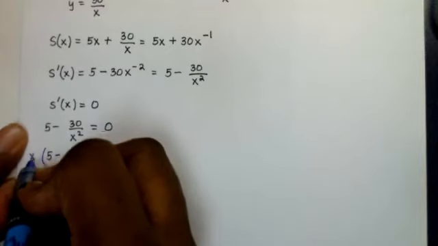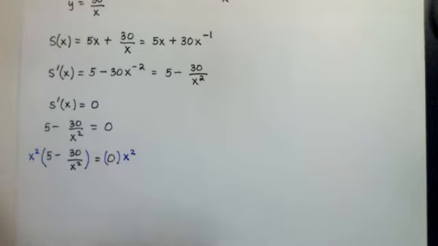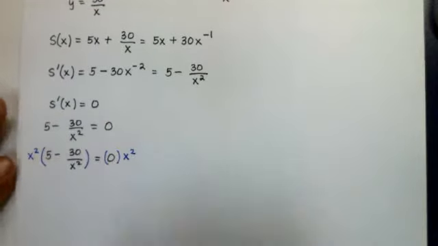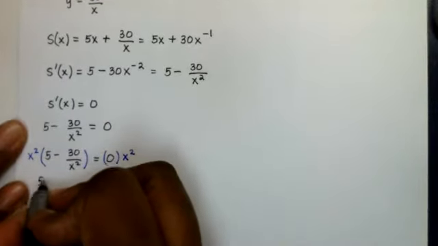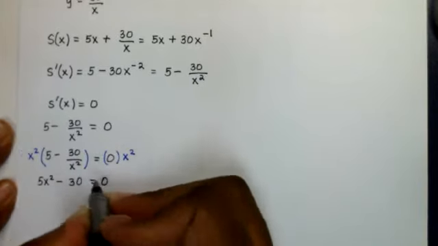So x squared times the 5 would be 5x squared minus 30 is equal to 0.